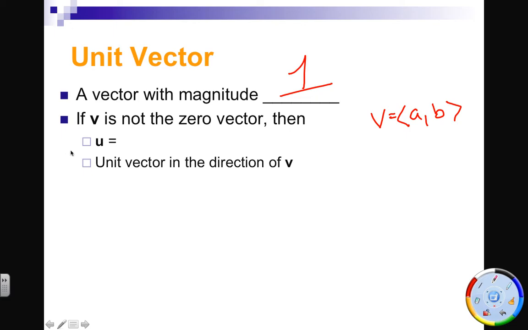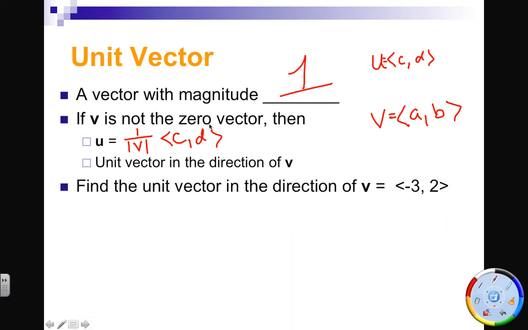So I want to say it's 1 over the magnitude of v times the vector u. And let's say the u vector is c comma d. I know I did it backwards from what was on the other page, but 1 over the magnitude of v times the vector u. And that's now the unit vector in the direction of v.